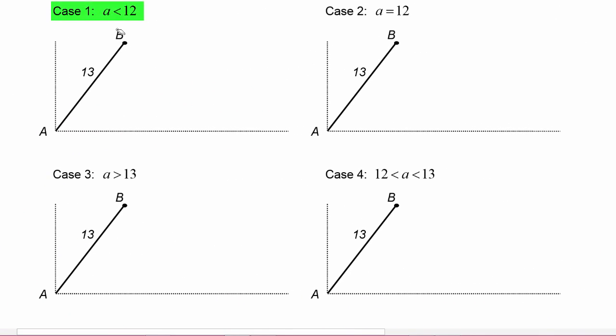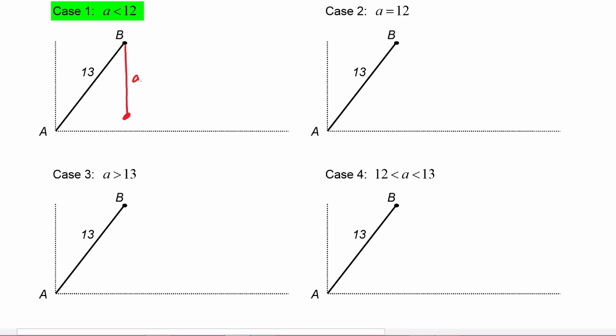In this first case, side a is less than 12. So what that means is side a won't be long enough to reach all the way down to that x-axis. Whatever the length of side a is, it falls short of reaching the x-axis because the height of point B is 12.